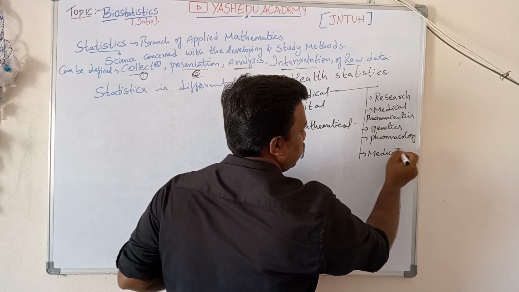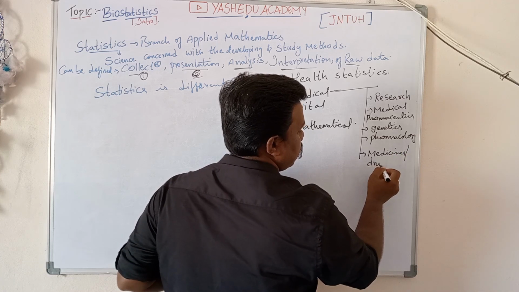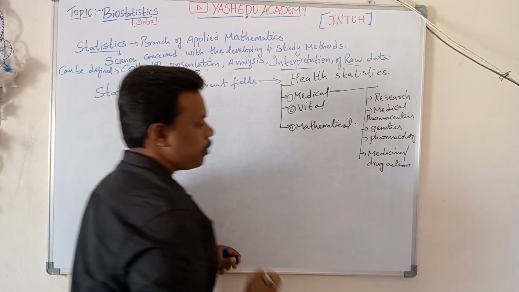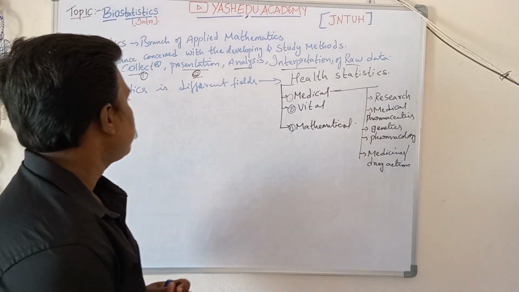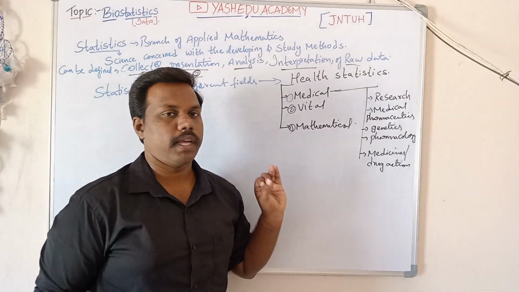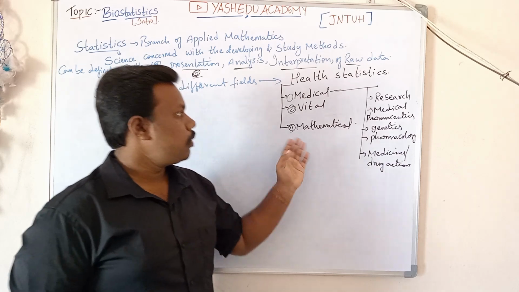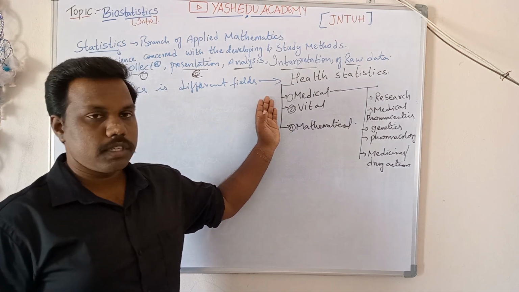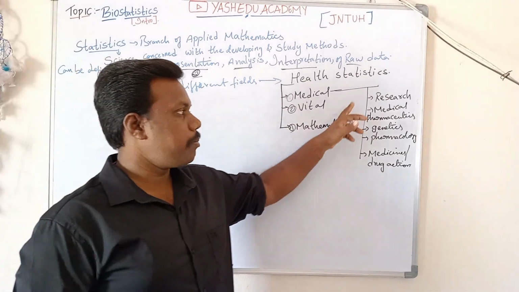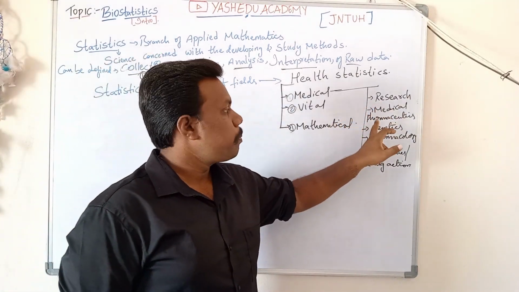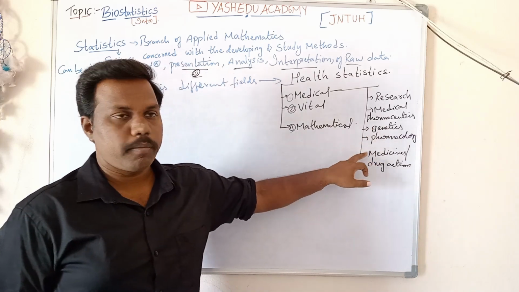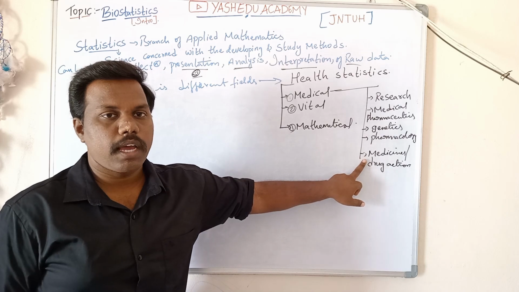Medicines is nothing but drug action, analyzing the drug action after intake on human beings or animals. So health statistics is classified into three types: medical, vital and mathematical. Medical is again subdivided into five parts: research, medical pharmaceutics, genetics, pharmacology, medicine and drug action.